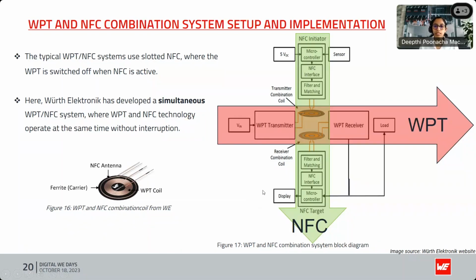In figure 17, we have a block diagram showing our system implementation. The green arrow represents the NFC system buildup, and the red arrow represents the wireless power transfer system buildup. For the wireless power transfer system, we have just used our 200-watt development kit, which you can also check on our website.